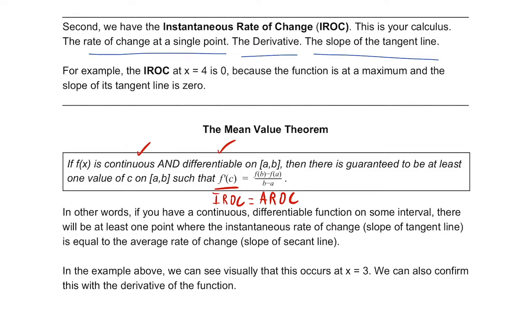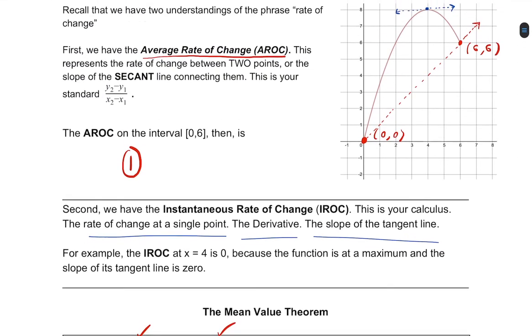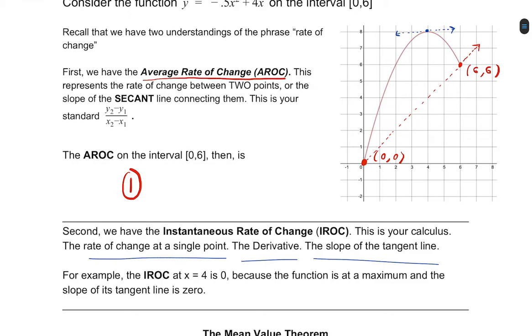Right? On the left, we have the derivative. On the right, we have the slope formula. If you have a continuous differentiable function, there will be at least one point where the instantaneous rate of change is equal to the average rate of change on that interval. Slope of the tangent line equal to the slope of the secant line. And this will play well on Desmos tomorrow, but what I'm basically saying is if you keep drawing parallel lines to your average rate of change, right? I'll try my best here.